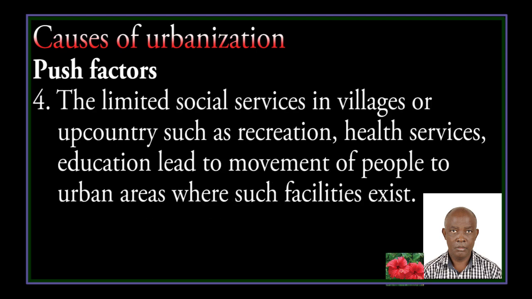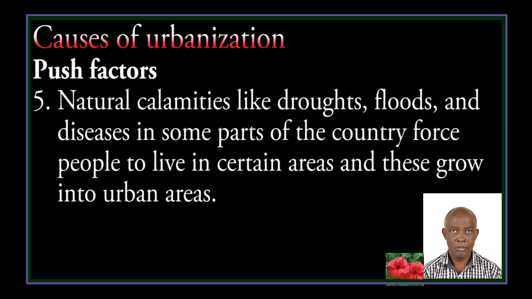The limited social services in villages or upcountry, such as recreation, health facilities, education, lead to movement of people to urban areas. Natural calamities such as droughts, floods, and diseases in some parts of the country force people to live in certain areas, and these grow into urban areas.